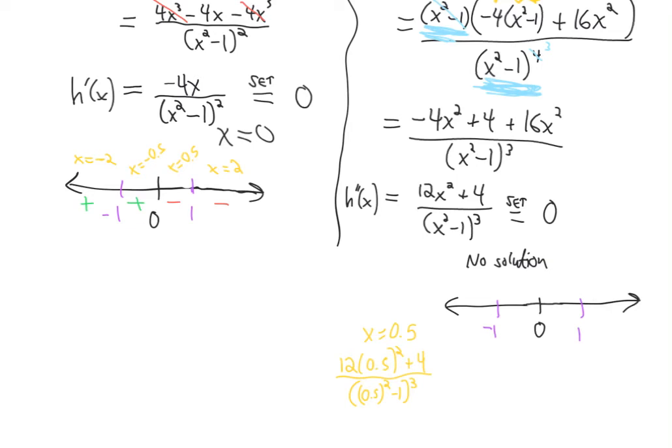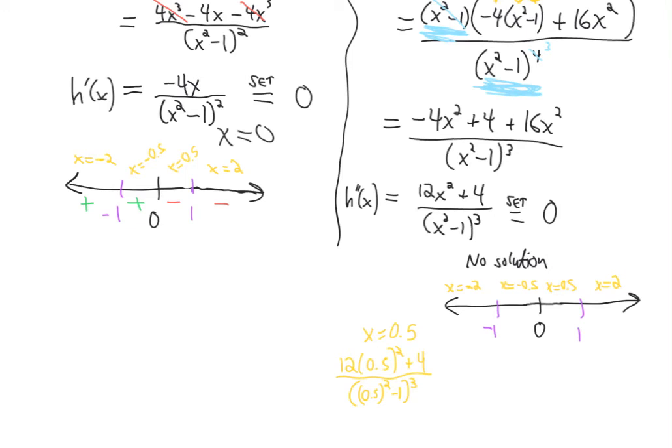But what about in the second derivative? Well, let's do some test points again. Let's do the same ones. So x equal -2, x equal -0.5, x equal 0.5, and x equal 2. So again, I'm trying to determine positive or negative, and I'm trying to do it without calculating anything.